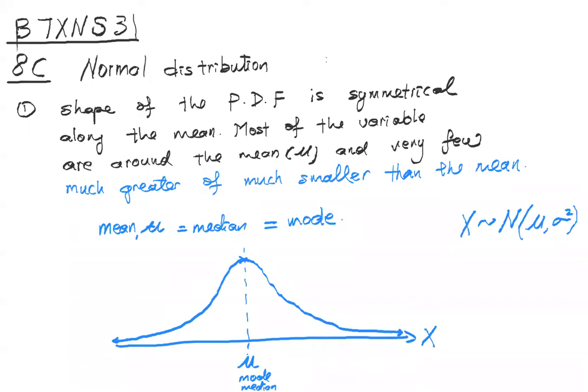And may I know, based on your understanding of probability density function, what is the area of the red region? Can someone tell me?